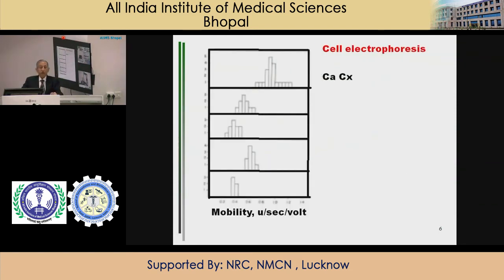The one important point I want to tell is that there is a technique called cell electrophoresis. You are familiar with protein electrophoresis; instead of proteins, we can put cells.